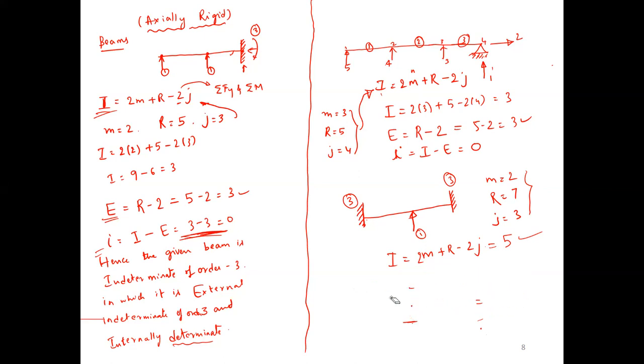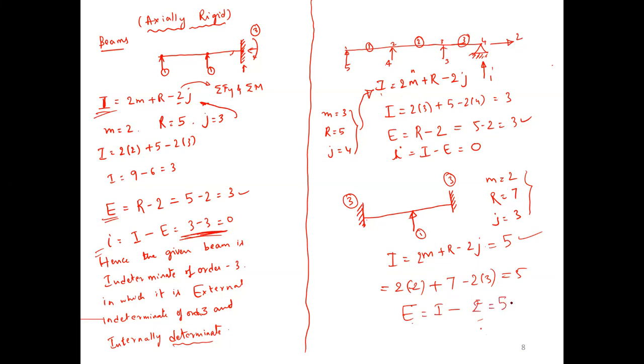2m plus r, that is 2 into 2 plus 7 minus 2 into 3. So 11, reading 5. Okay, so E equals total indeterminacy minus 2.